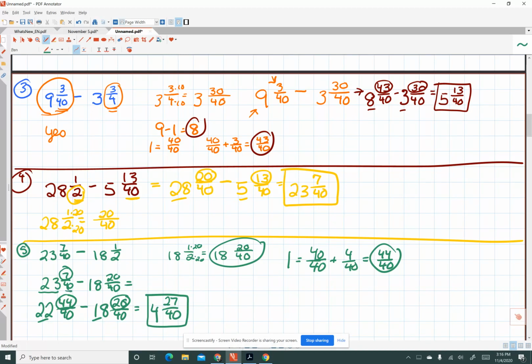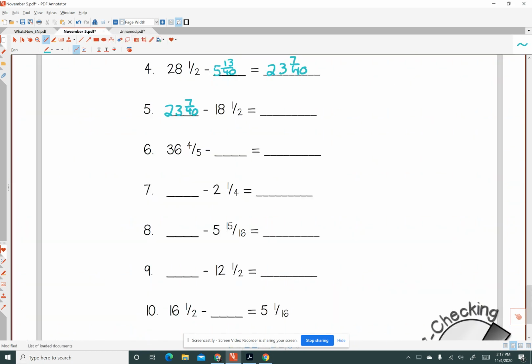And because we're working in 40ths, we added 40/40 to 7/40 for 47/40. That made this first number 22 and 47/40. Then we were able to subtract, 4 and 27/40. And that goes here as well.